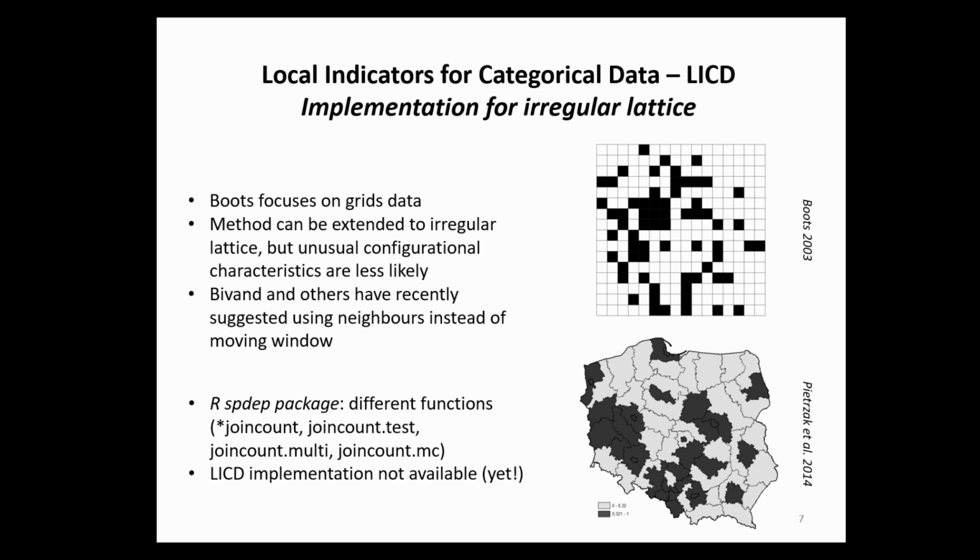Roger Bivand and some collaborators have adapted the methodology that Boots developed for irregular lattices, and instead of using a moving window, which was apparently not very appropriate for non-regular lattices, then if you want we can discuss later on why, he used sets of neighbors calculated, as we will see, in different ways.